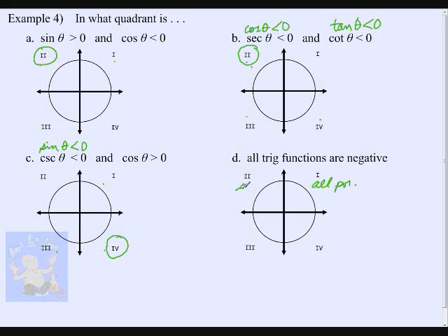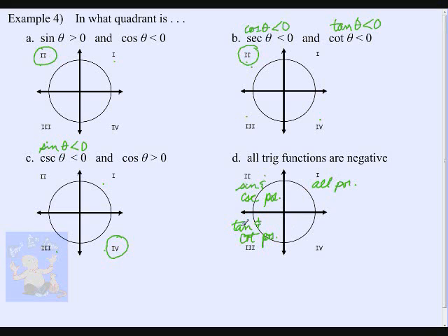So sine and cosecant are positive here. All St. Thomas, oh yes, tangent and its reciprocal partner, cotangent, are positive here.